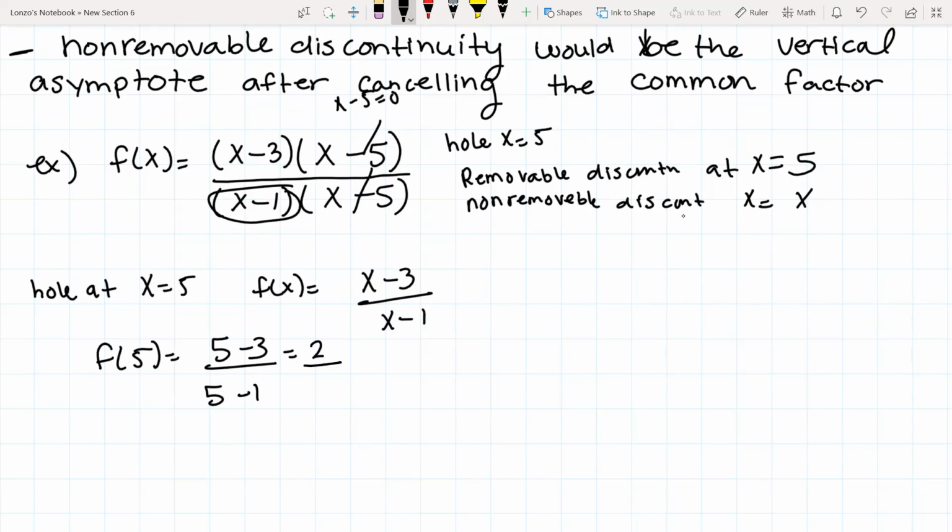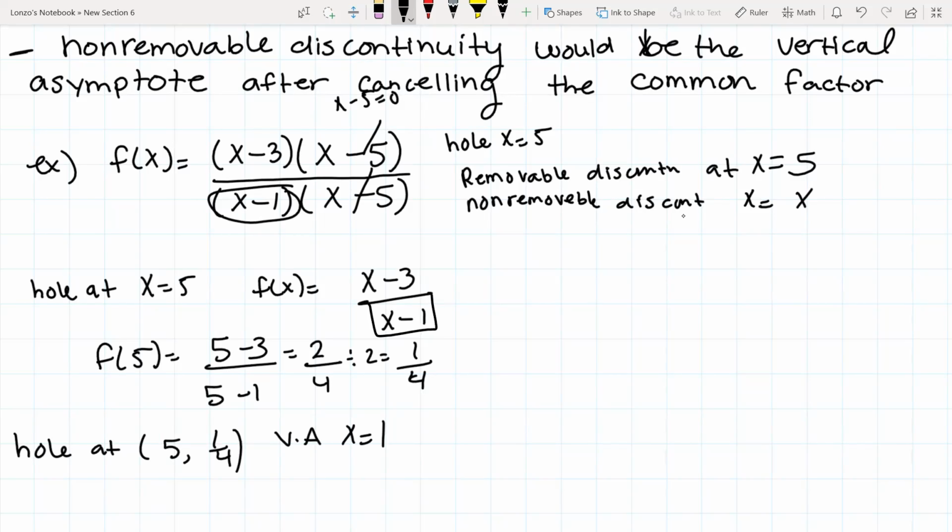So that's 2 over 4, which reduces to 1/4. So you have a hole at x equals 5, y equals 1/4. And then you have a vertical asymptote at x equals 1, because to find your vertical asymptote, you set the denominator to 0. In our case, the denominator is x minus 1. Set it to 0 and solve for x.